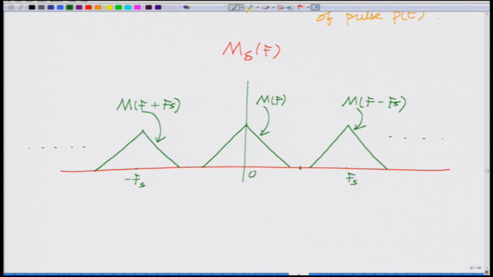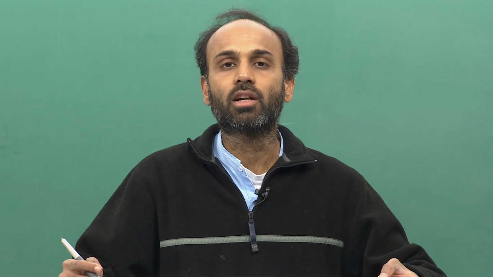And therefore, the condition for avoiding aliasing, or avoiding distortion, remains the same. We are taking the spectrum M delta of f and multiplying it by H of f, so that does not cause overlapping of the signal copies.